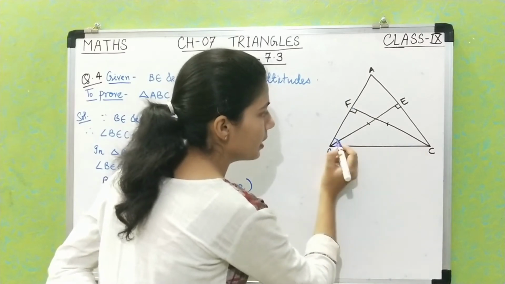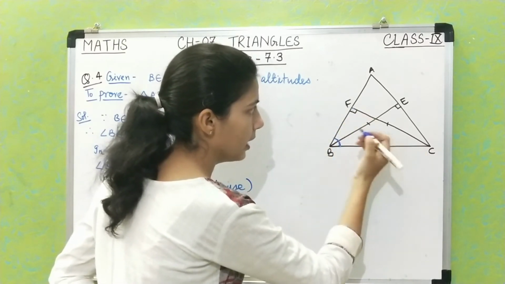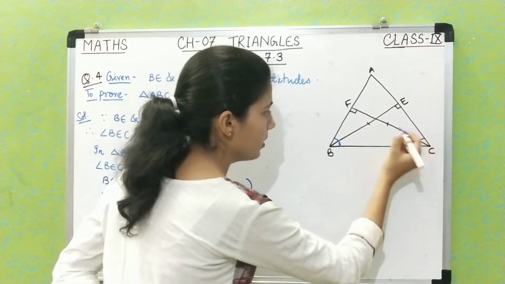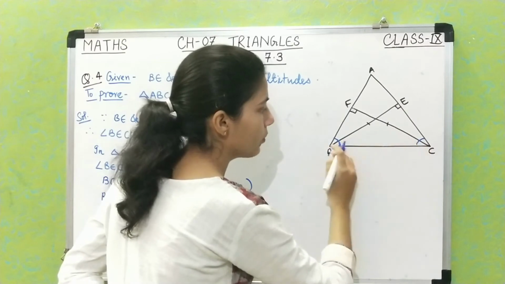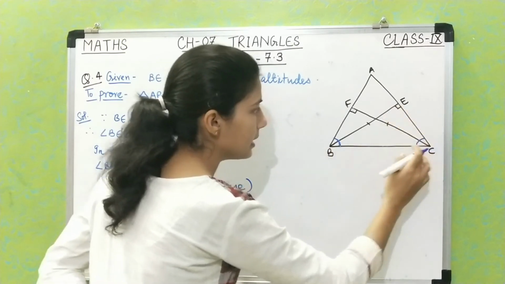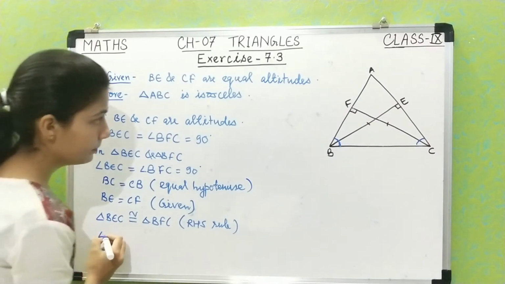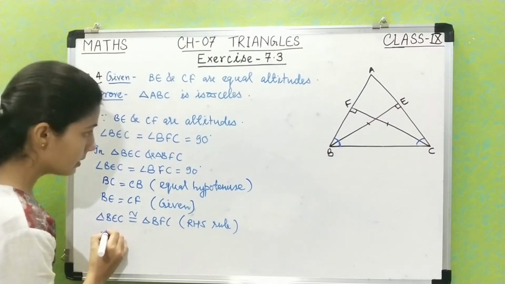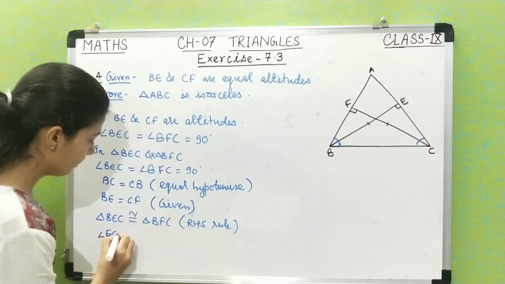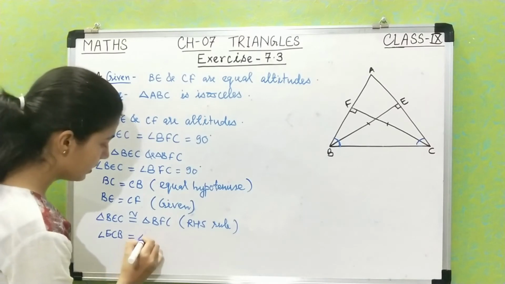FBC is a part of the triangle BFC. Similarly, angle BCE is also a part of this triangle BEC. So angle ECB is equal to angle FBC.